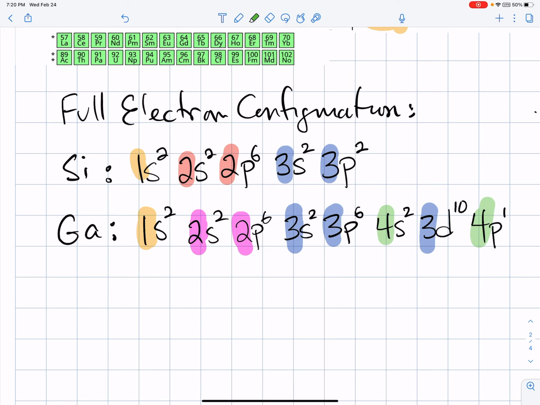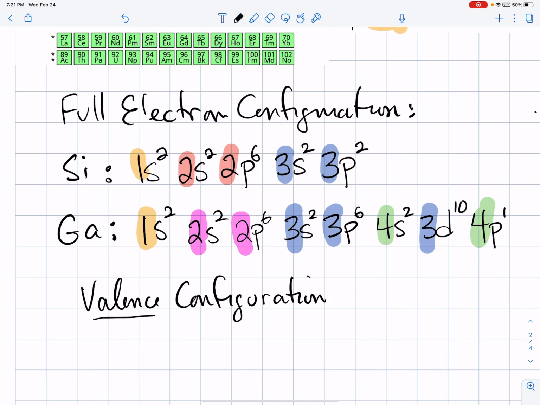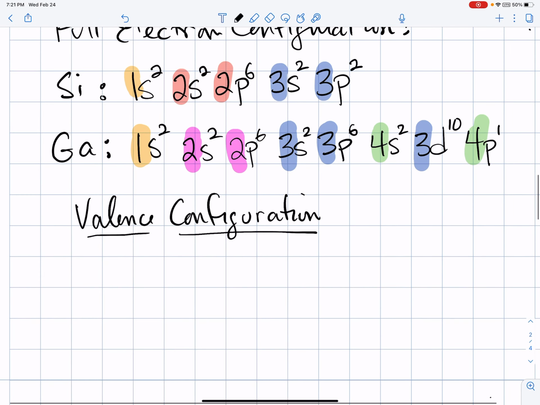So what we're going to do is write what's called the valence configuration. If you remember from grade 11 chemistry, valence electrons in the Bohr diagram were the electrons that are in the highest energy level within the atom.